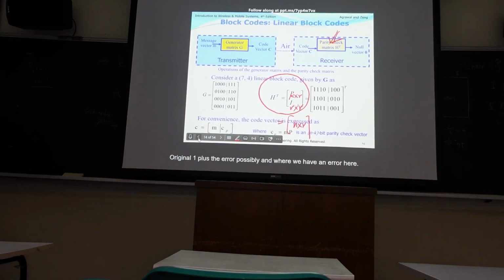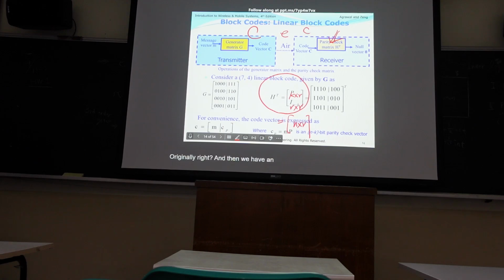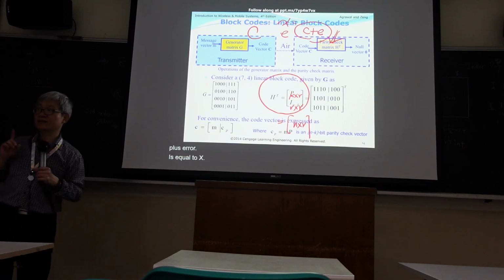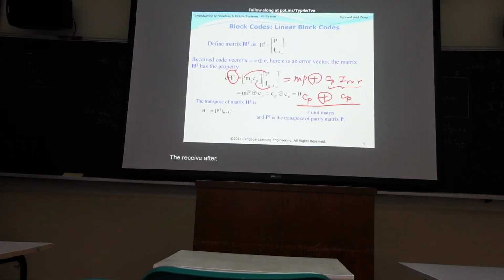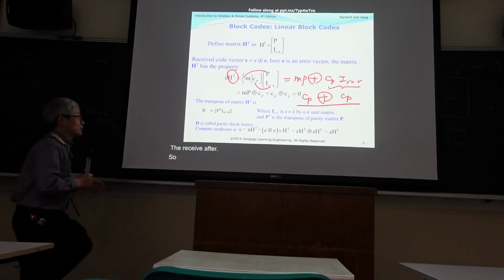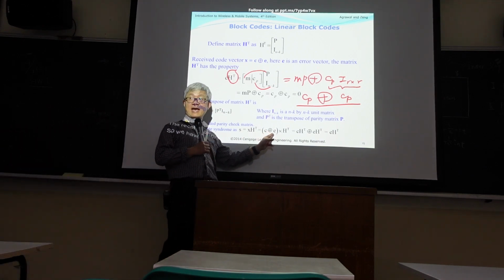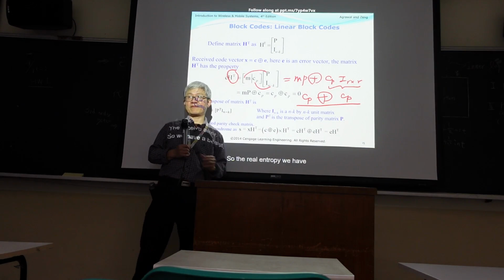C originally, right? And we have error here, so that C plus error is equal to X. Oh, okay, the received vector. So the real one should have the errors.